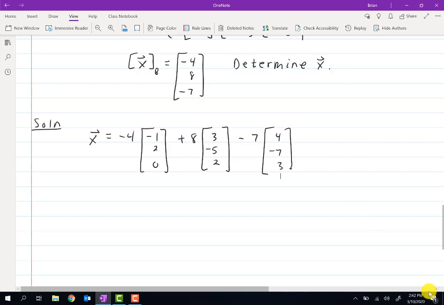And then it's just a matter of multiplying these all out and adding them up to find this value. So we have negative 4 times negative 1, so I get 4 plus 24, that's 28, minus 28, I get a 0.